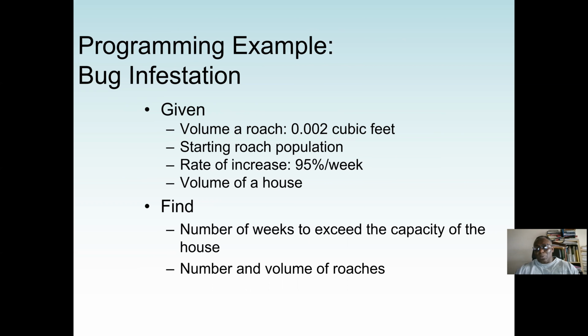So we use a loop, multiply the population by 0.95, that's the growth, add it to the initial or previous population, and we check and see if we have reached the volume of the whole house. If not, then we keep producing more, keep adding until we occupy the volume. Since we know the volume that each roach will occupy, again, we can do it. So that would be the capacity, the number of roaches needed to exceed the capacity of the house.